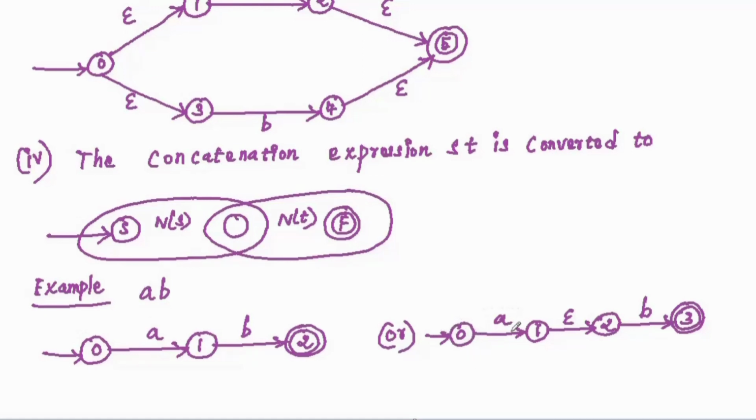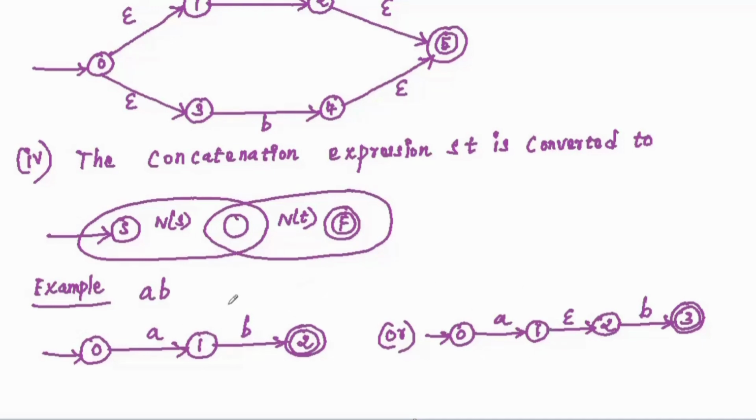When we receive an input A, we move to state 1. Then we receive an epsilon transition and move from state 1 to state 2. Finally, the transition from state 2 to state 3 happens when we receive an input B, leading us to the final state.